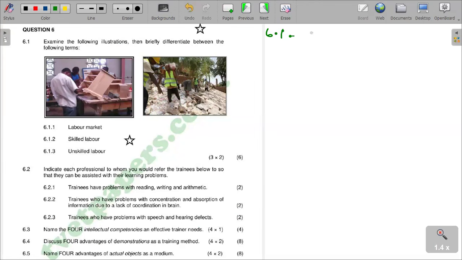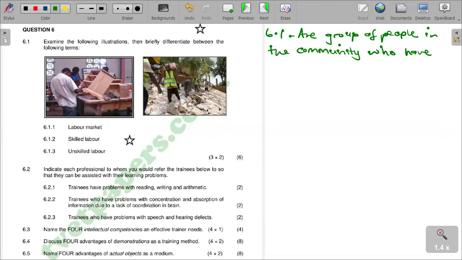A group of people in the community who have the competencies to occupy vacant positions within an organization. That's what we call labor market.